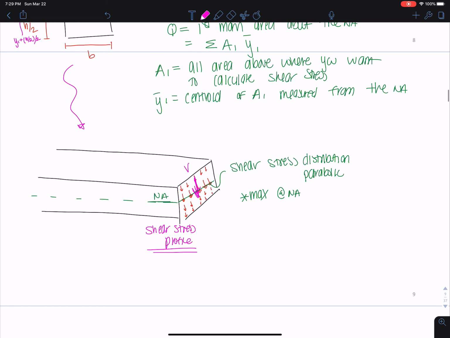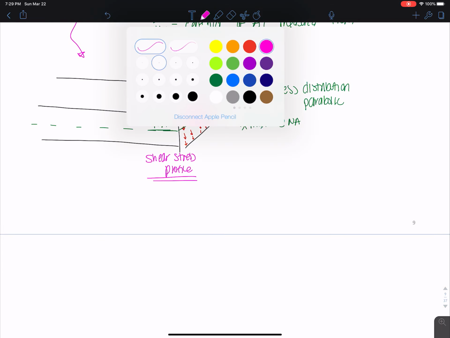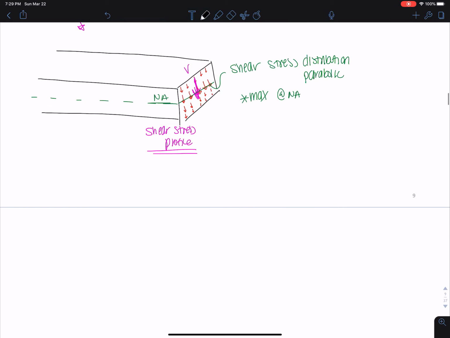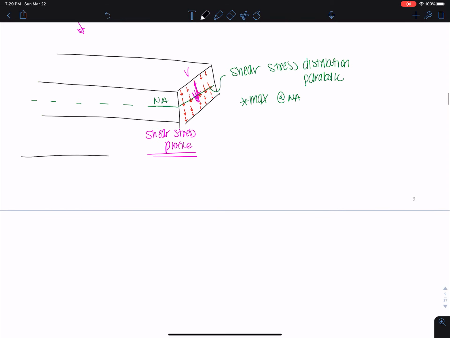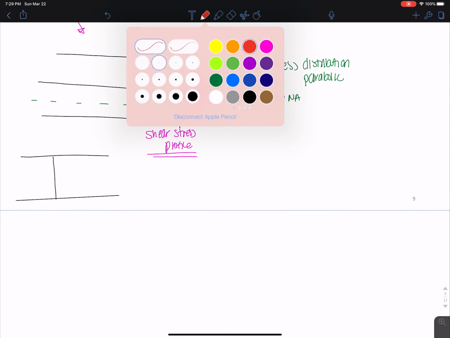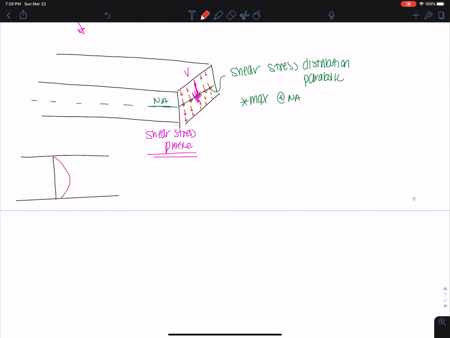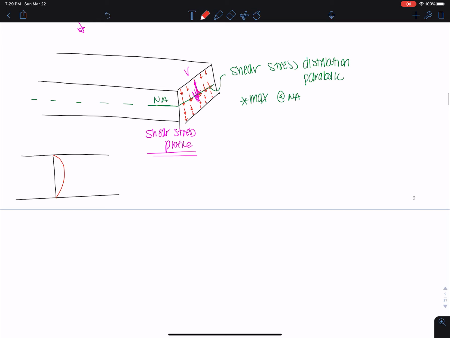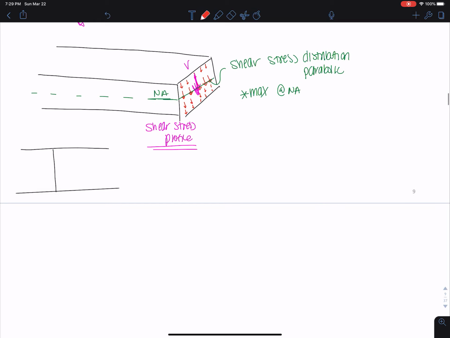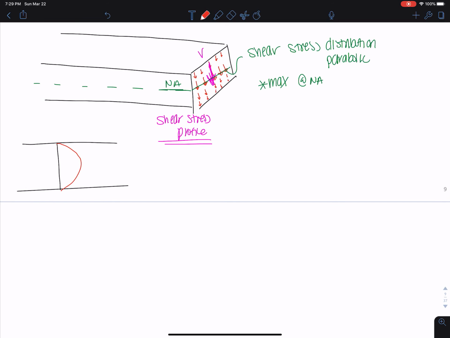Okay, and I can draw this a little bit better for you with stick figure diagrams, not the 3D, if we look at something like this here. This is the profile, and the distribution here is actually a parabola. Okay, and this is that distribution.